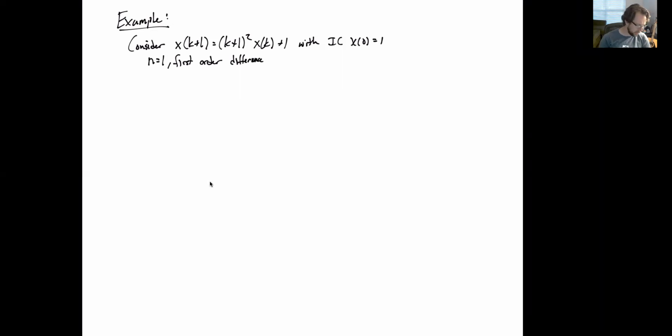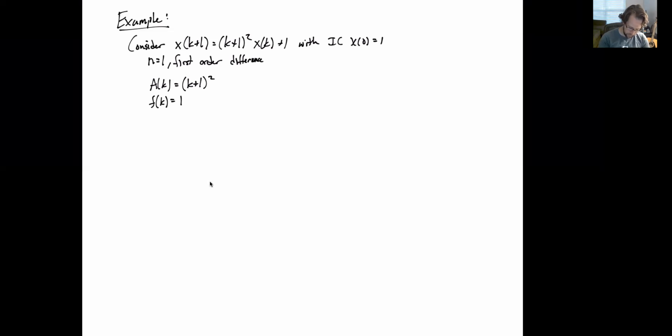Okay, now putting this system into the notation that I just defined, we can say that our a of k is just equal to k plus 1 squared. We can say that our forcing function f is just equal to 1.